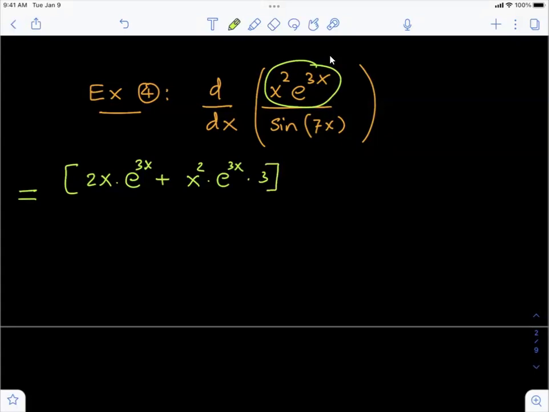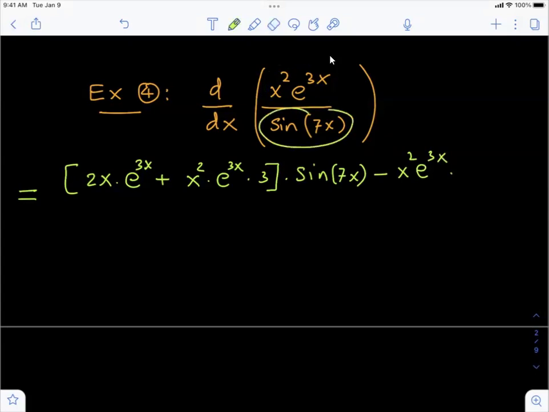So that is the derivative of the top function multiplied by the original bottom function. And then minus, now the original top function times the derivative of the bottom function, where you're going to have the derivative of sine, which is going to be cosine of 7x times the derivative of the inner function, 7.